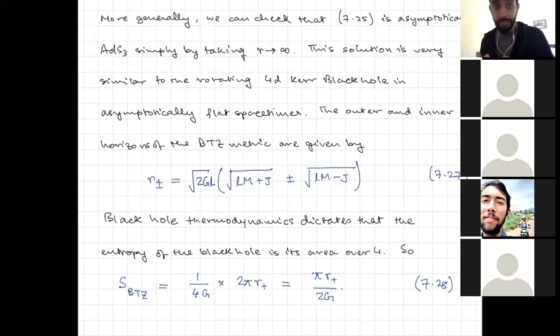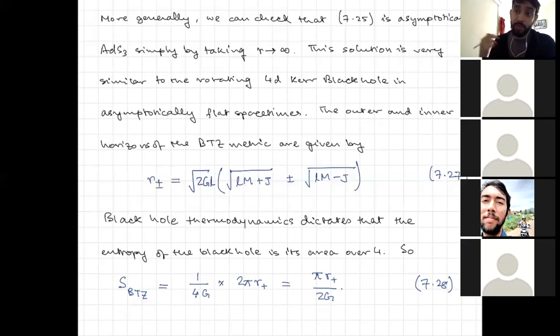That's because the entropy of a black hole goes like its area. So it essentially goes like its area by 4G. So if you're looking at the BTZ, this is going to be the area of the outer horizon by 4G.